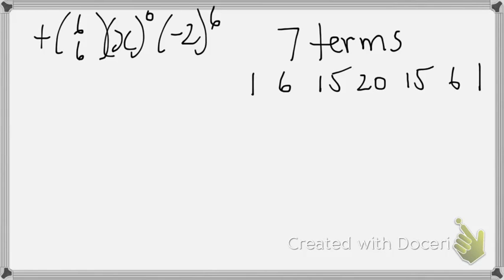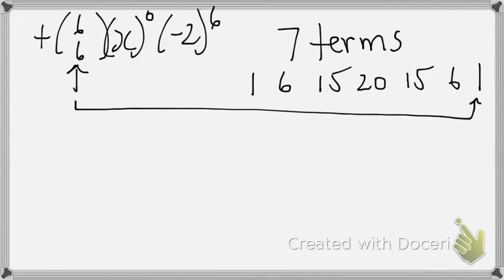Okay? So these values here correspond to these values for Pascal's triangle. So that makes it a lot easier for us to start expanding out. Okay? Now, we have to keep going to simplify this thing.